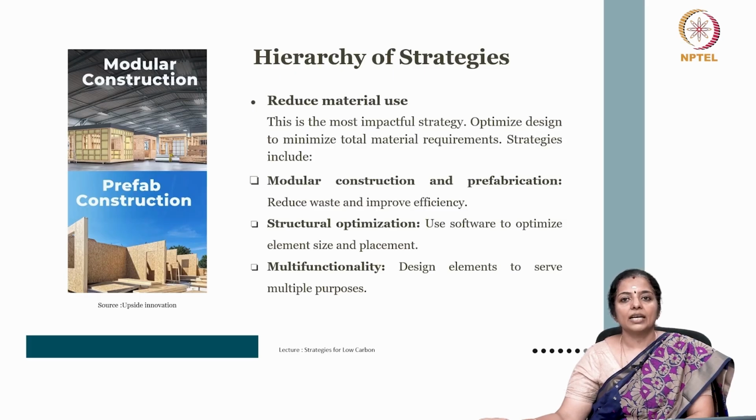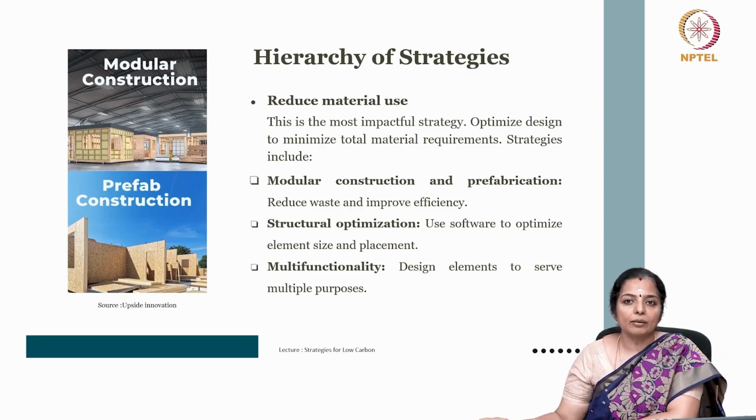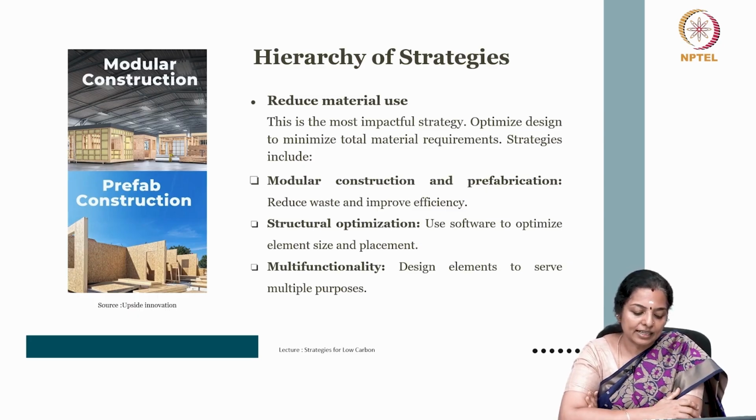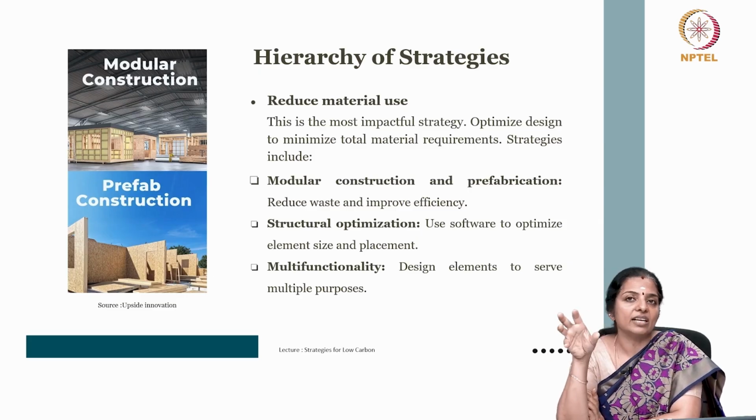Now, let us look at the hierarchy of strategies. Reduced material use is a very important strategy. We have already seen this, that if we need to reduce our building material usage, we will have to go for very impactful strategies and optimize the design to minimize the total materials required.